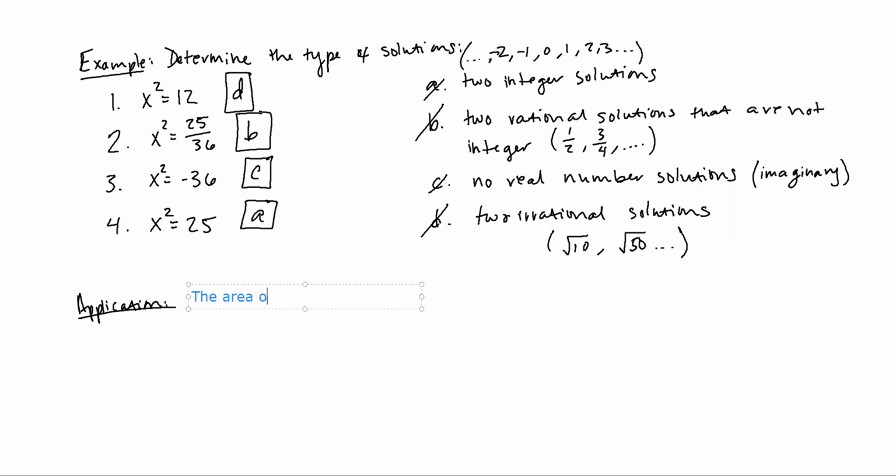Okay, so the area of a circle is given by, now this is the part where I'm going to have to write. So it's given by A equals pi r squared.